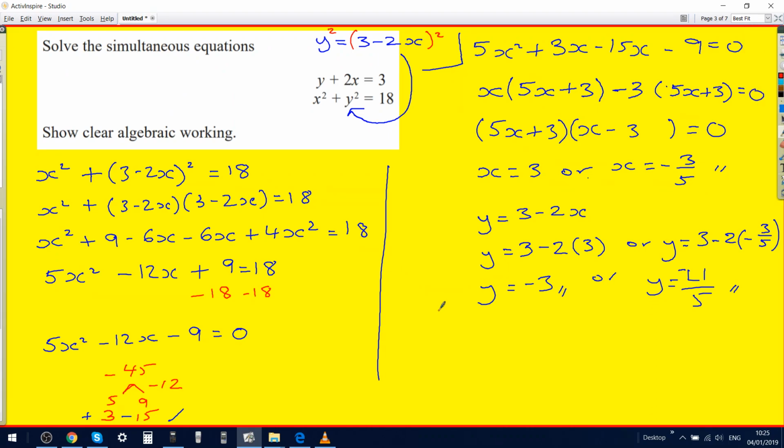Okay, how do we solve quadratic simultaneous equations? Yeah, then you just solve it, and then with your answer, sub it back in to get y.